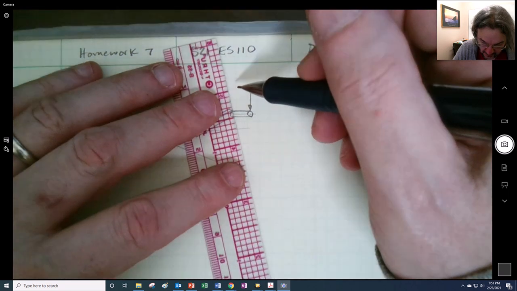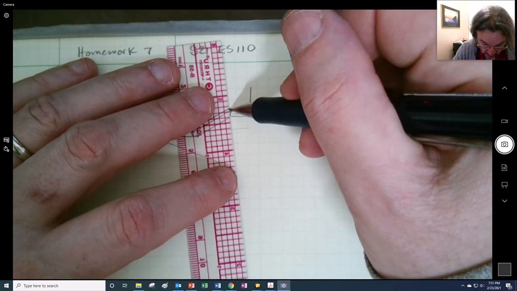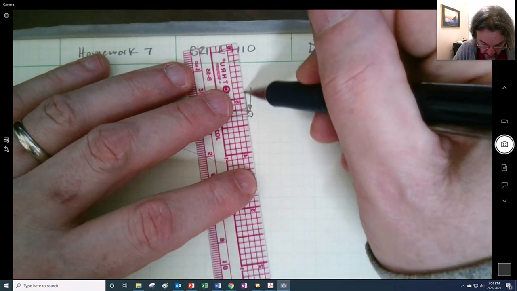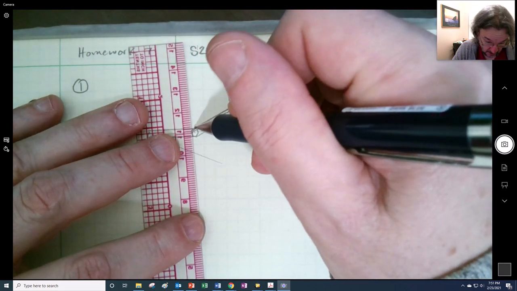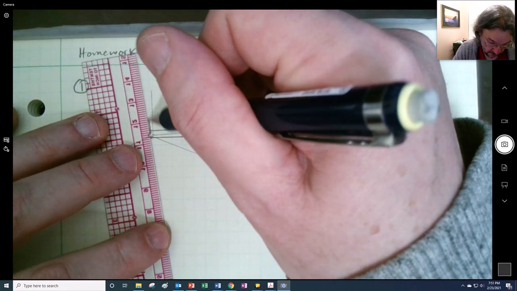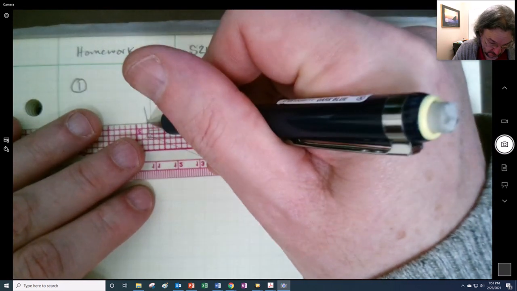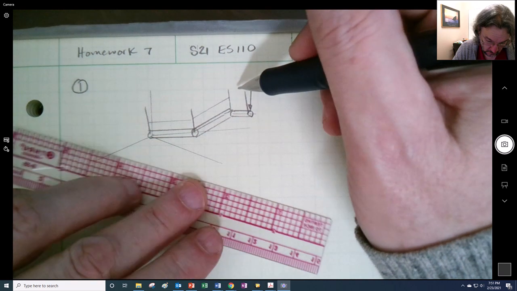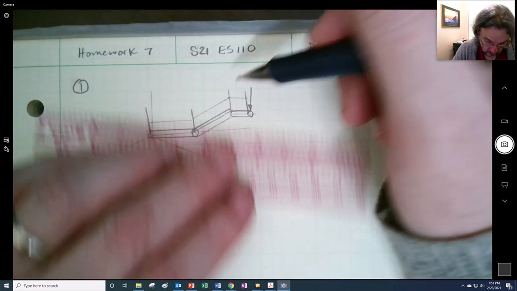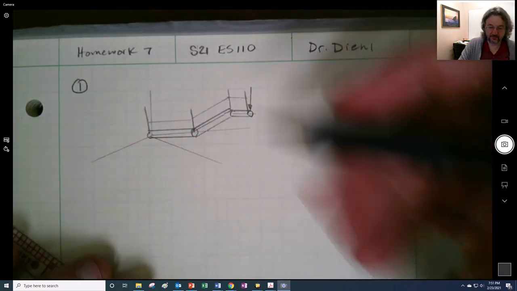All right, let's see. In terms of distances, trying to make all of those distances right there. And there's going to be a little bit of a challenge in here.